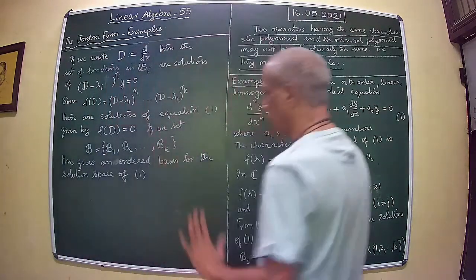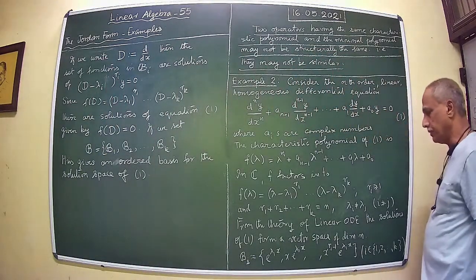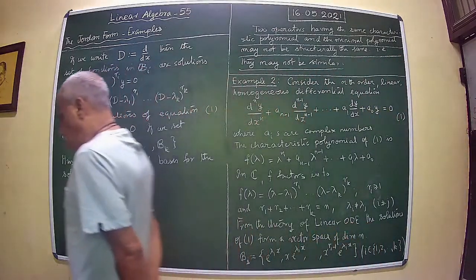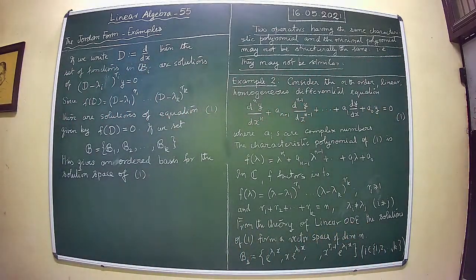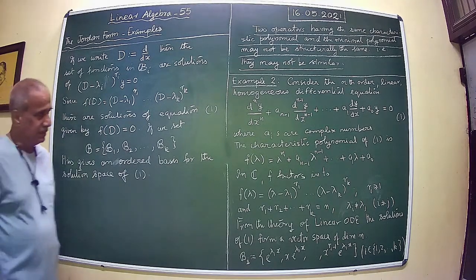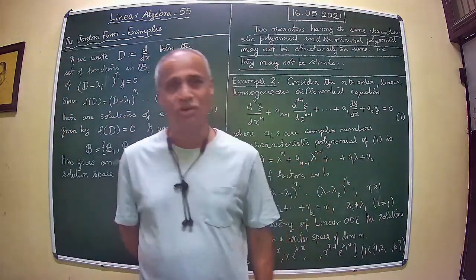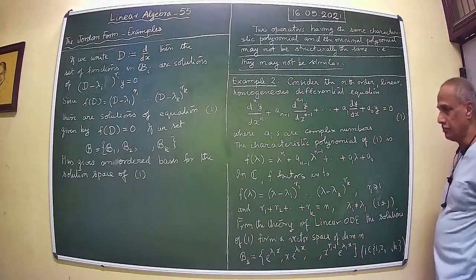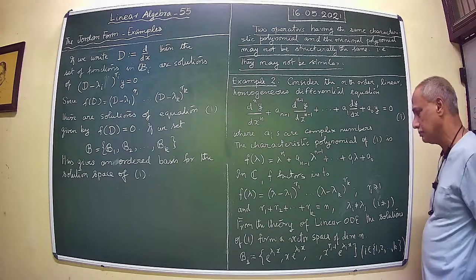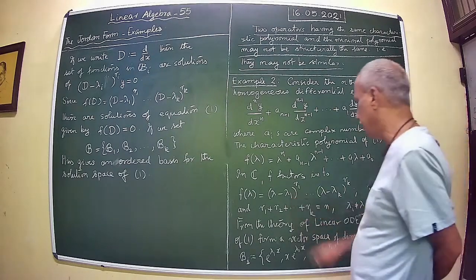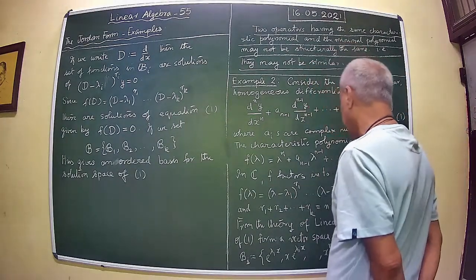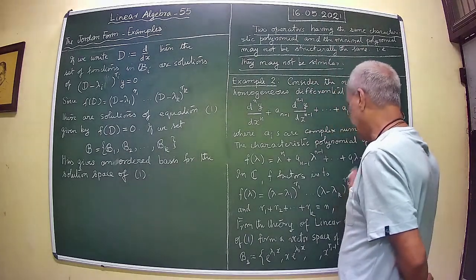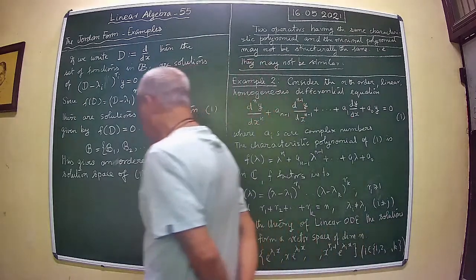Now this is something that we know from differential equations. So we explicitly know what a basis for this is, provided of course you can factorize the polynomial f lambda successfully. Here lambda 1 is of algebraic multiplicity r1, etc. Lambda k is of algebraic multiplicity rk.